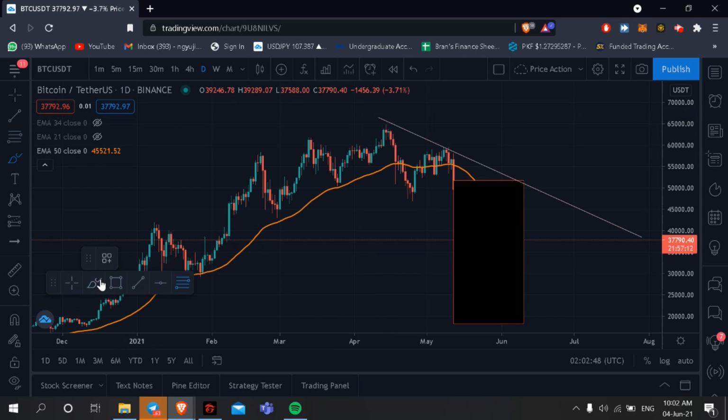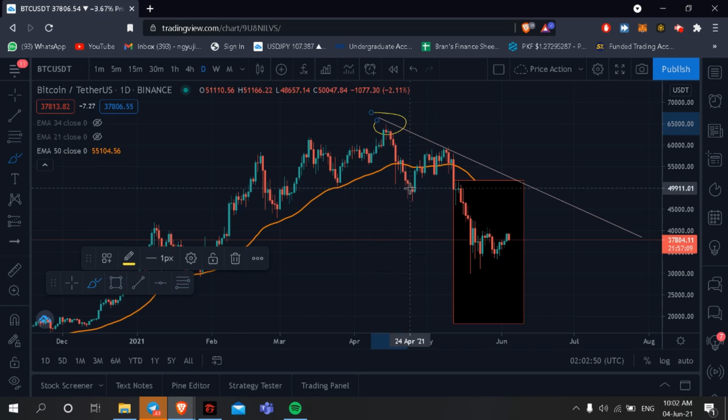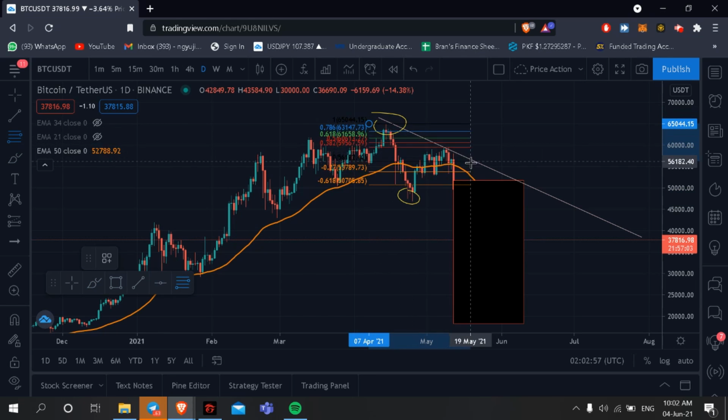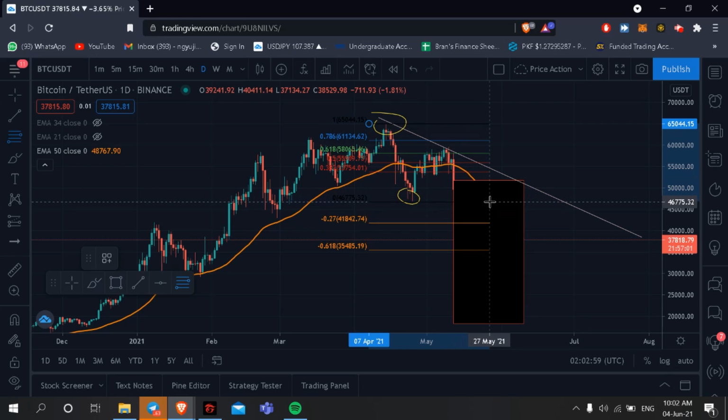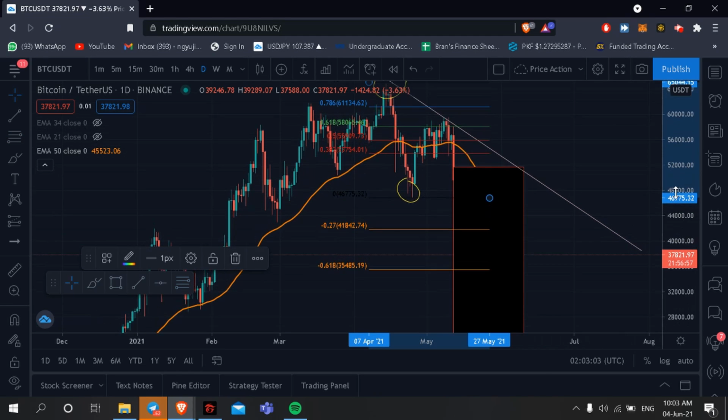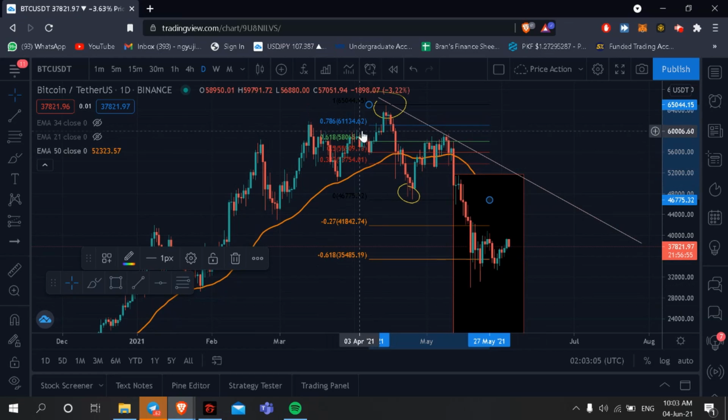Okay, can you see here? Swing high, swing low. So we use the Fib tool, drag it from the first point to the second point. Okay, now where do we see it? Price retraces to the 0.618 level.